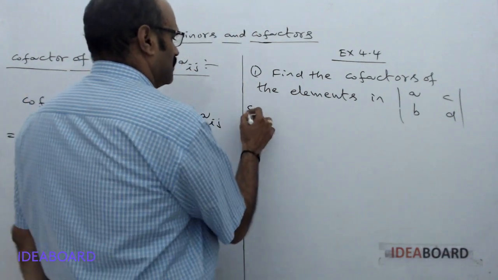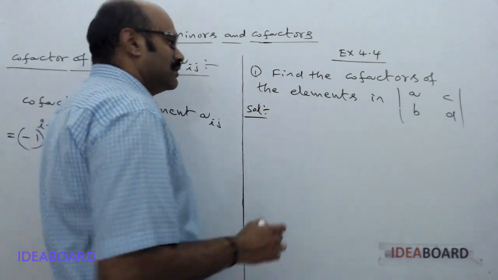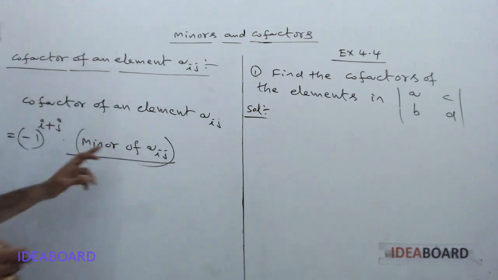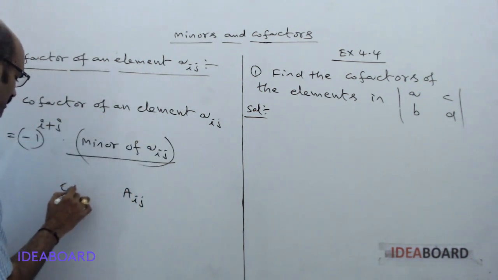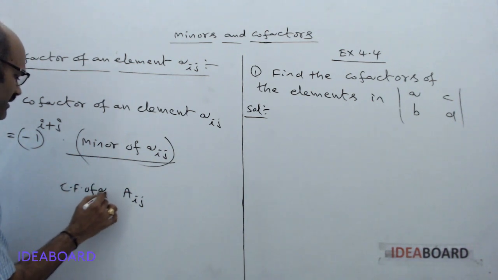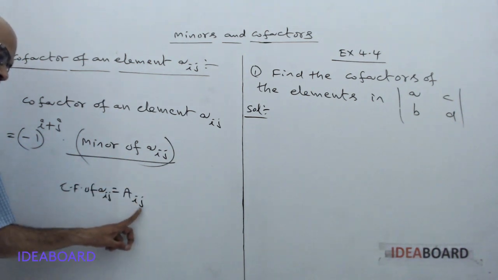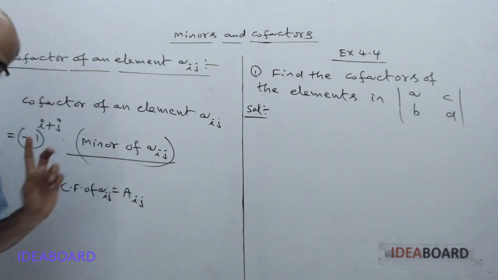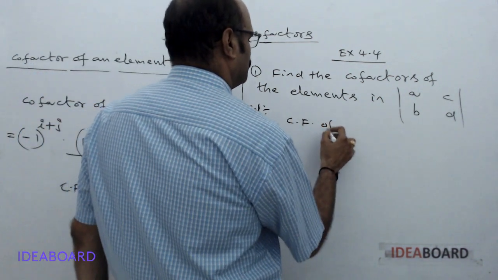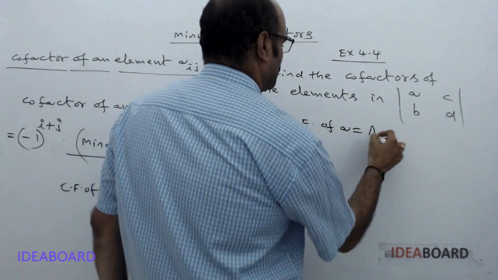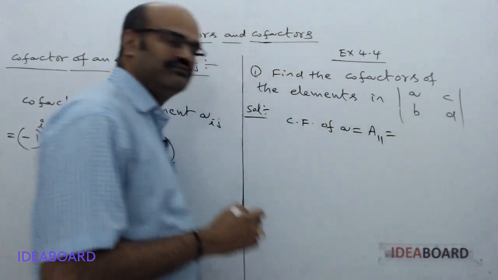Now we know that the cofactor of Aij is always denoted by capital Aij. So cofactor of A equals A11.